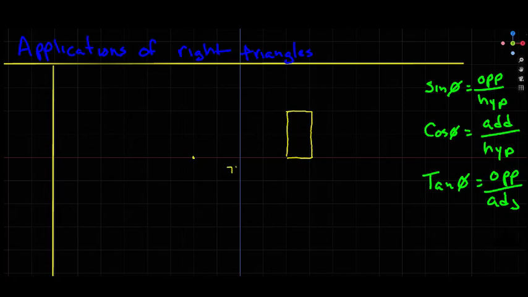It says from the base, so 75 yards from there to there. And they said this angle of elevation to the top of the building. So we are looking up to the top of the building, and it's 28 degrees.